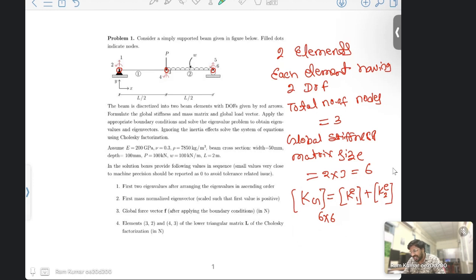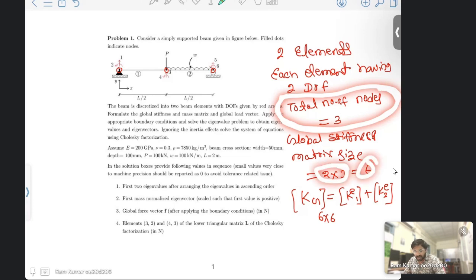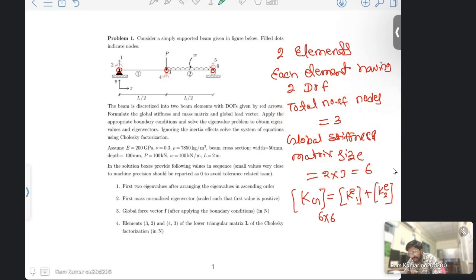Because we first find how many nodes it has. It has a total of 3 nodes, and each node has 2 degrees of freedom. So 3 into 2 will be 6. So after writing these two lines, we know that the size of the global matrix will be 6 cross 6. But the size of the local matrix for each element will be 4 cross 4, because each element has two nodes and each node has 2 degrees of freedom. So 2 into 2 will be 4.